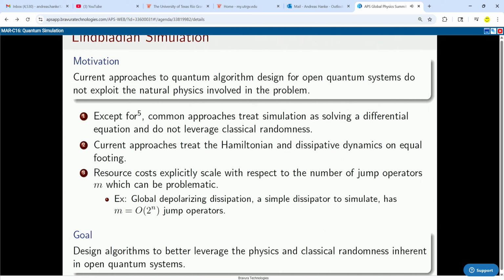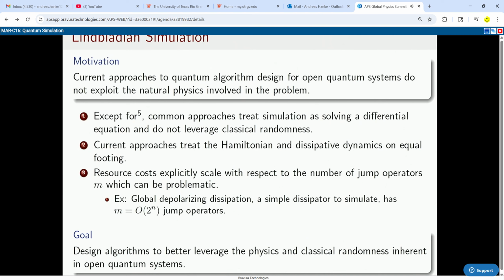This can sometimes be problematic, and a case where this happens is the case of global depolarizing dissipation. We know this dissipator is quite simple to simulate. You can exactly solve the master equation, and it simply amounts to flipping a couple coins and choosing the right n-qubit Pauli operator to implement. But it turns out that this dissipator has an exponential amount of jump operators.